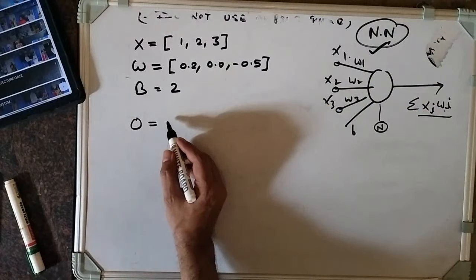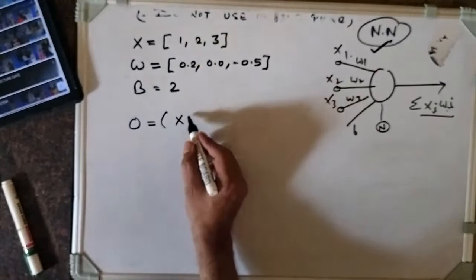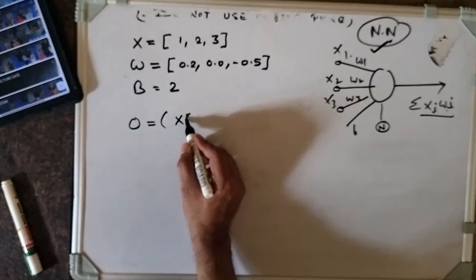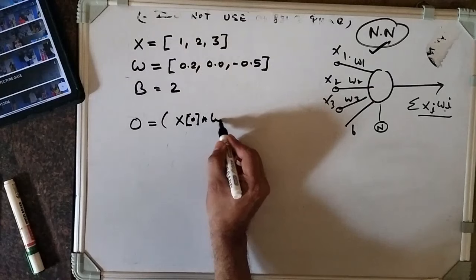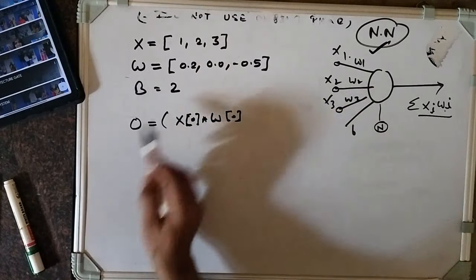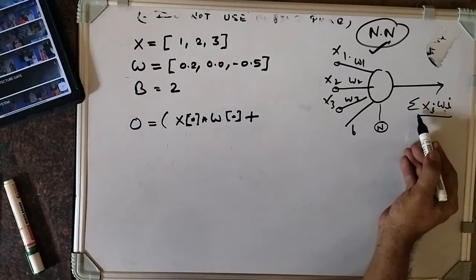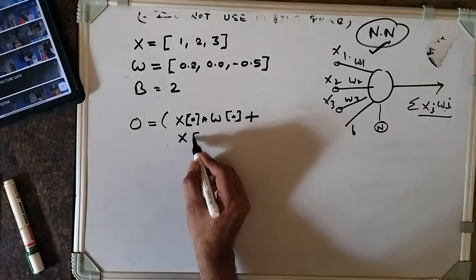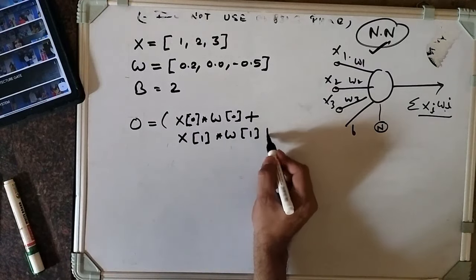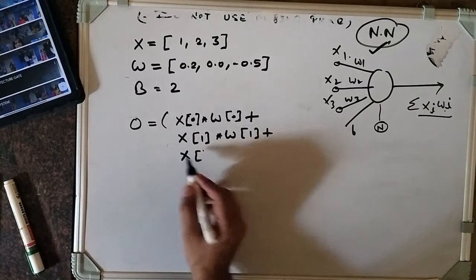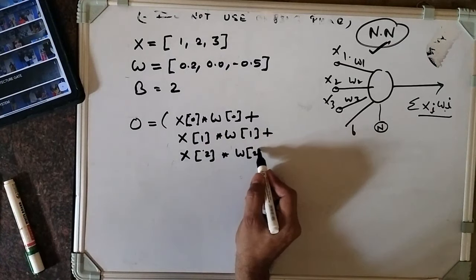What is the meaning of this? According to the code, I write x of 0 into w of 0. So x0 and w0, plus, because of summation, x1 into w1, plus x2 into w2.